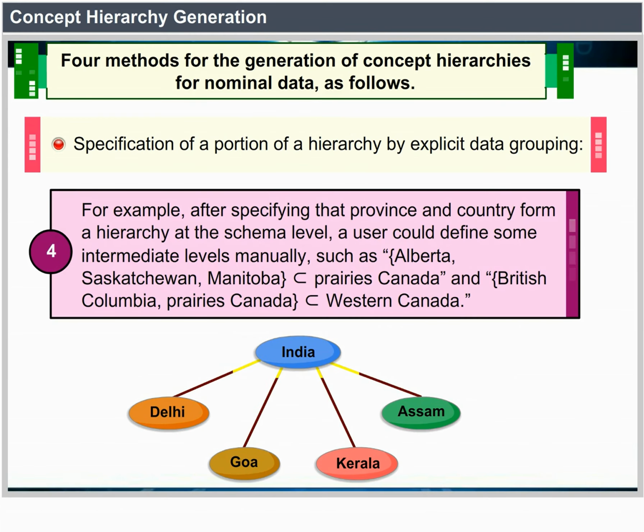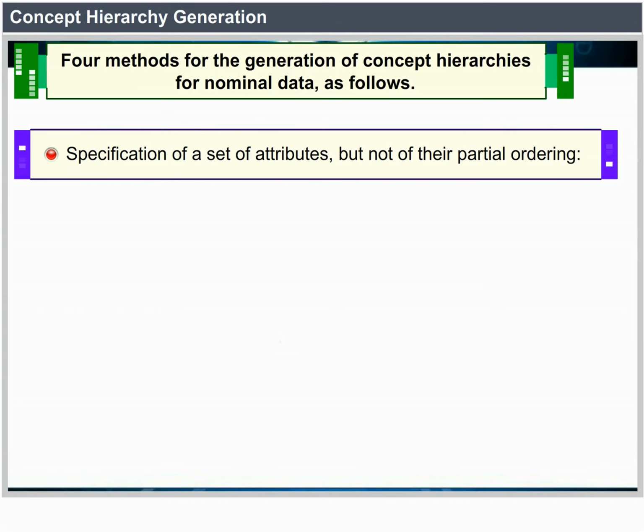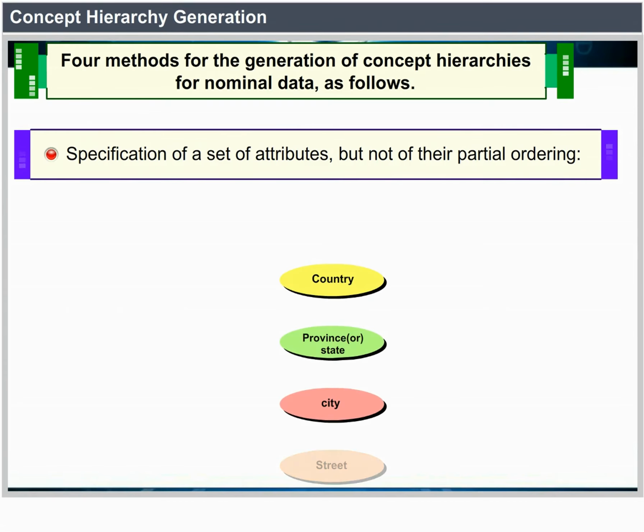For example, after specifying that province and country form a hierarchy at the schema level, a user could define some intermediate levels manually, such as Alberta, Saskatchewan, Manitoba as a proper subset of Prairies, Canada, and British Columbia, Prairies, Canada as a proper subset of Western Canada.